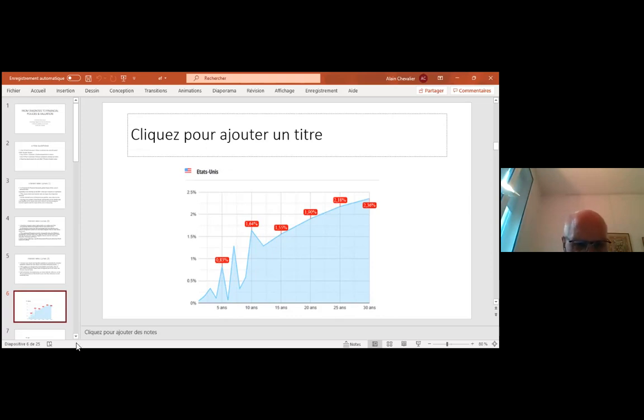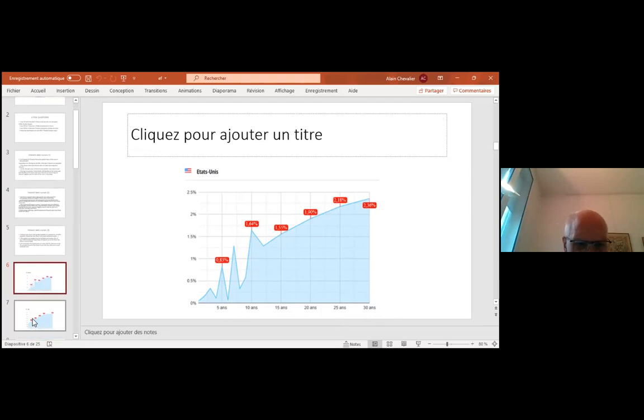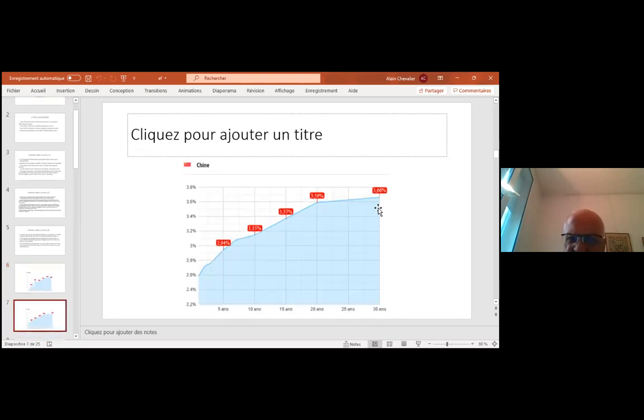Now, if you move to the Chinese one, it starts with short-term rates which are much higher than the US. But after that, you have a growing curve, with a positive slope, more regular than the US one, which means it is more carefully managed by the central bank, under the power of a central bank.